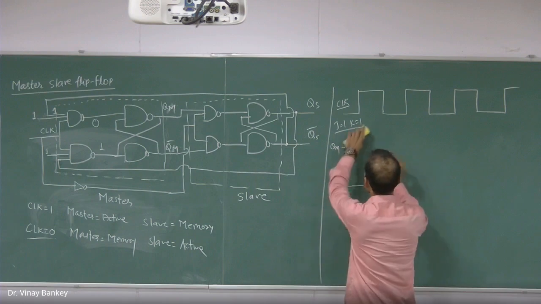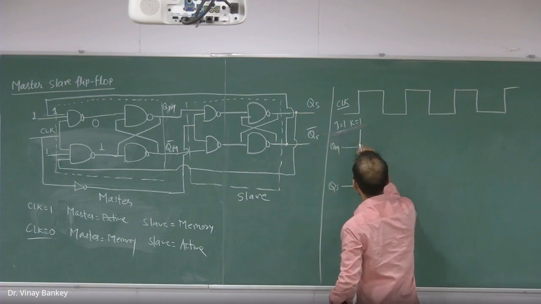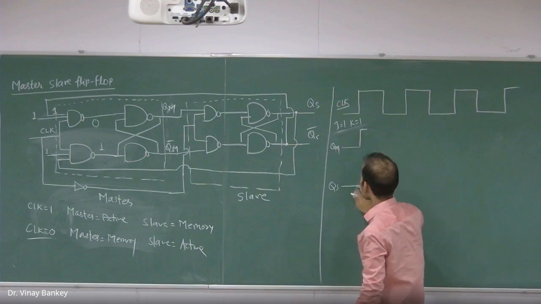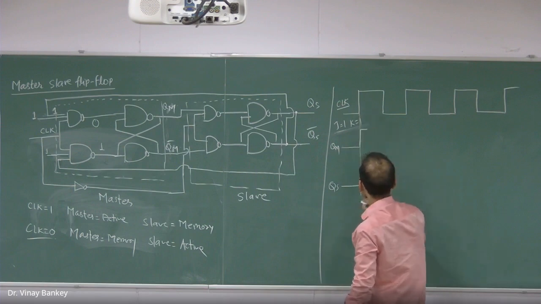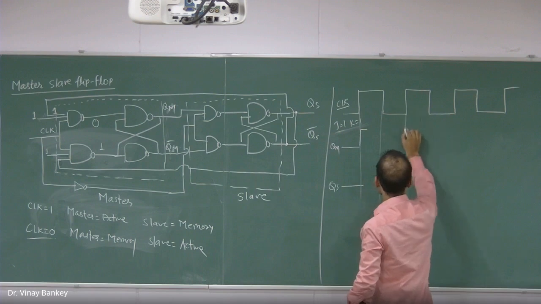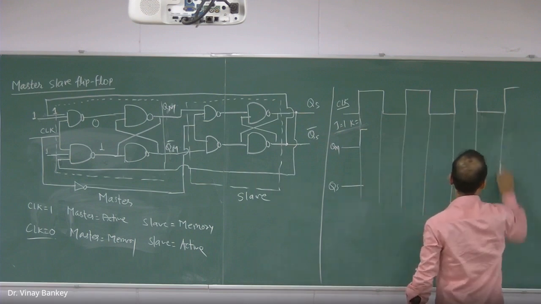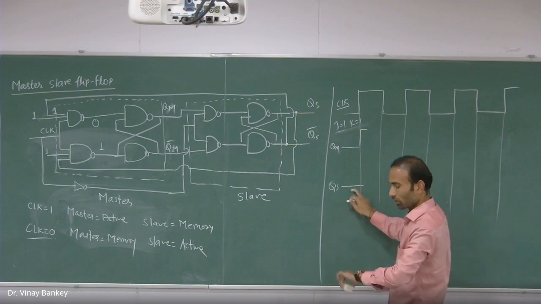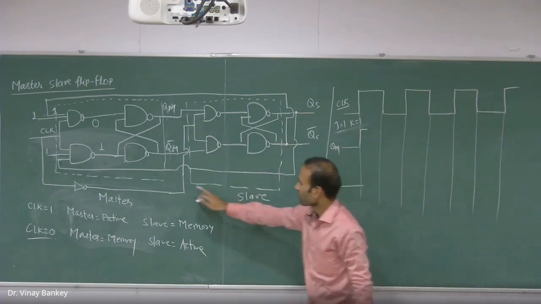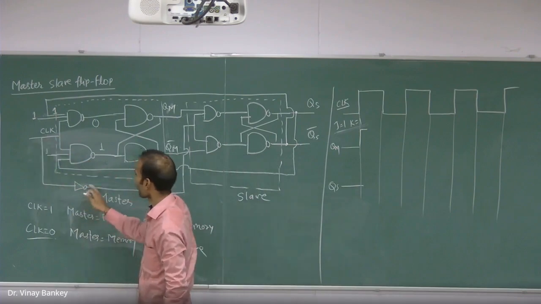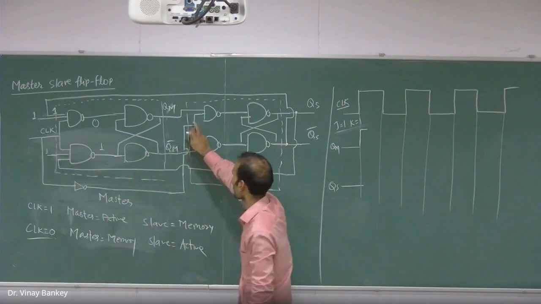So I will draw the circuit for this. Now I will have a QM of 1. And what happened to QS? Because we have applied a high clock pulse, in front of this slave circuit you have 0.